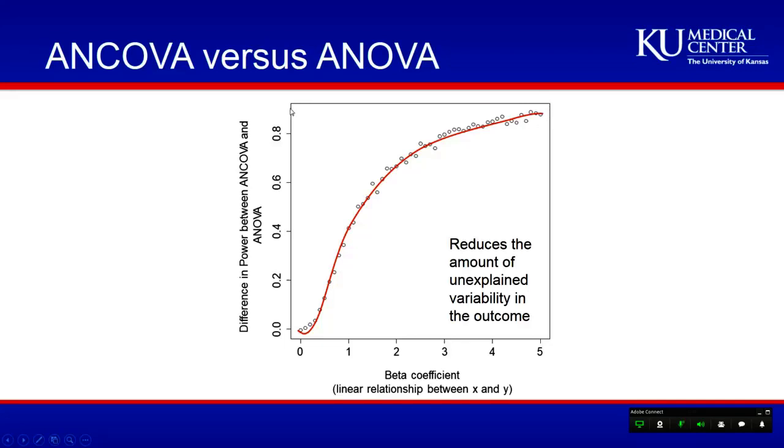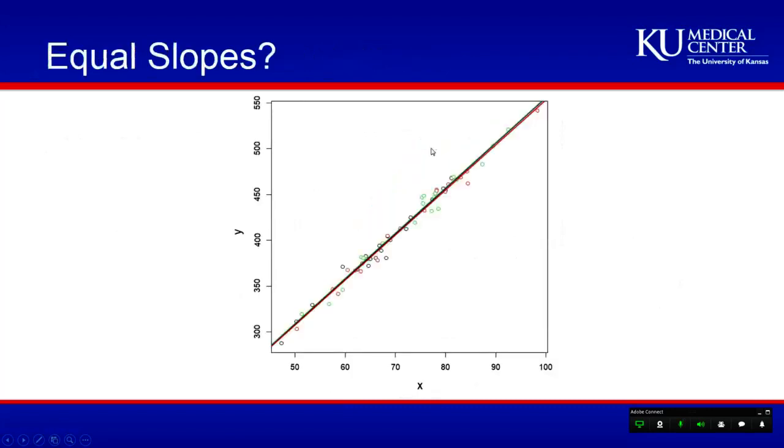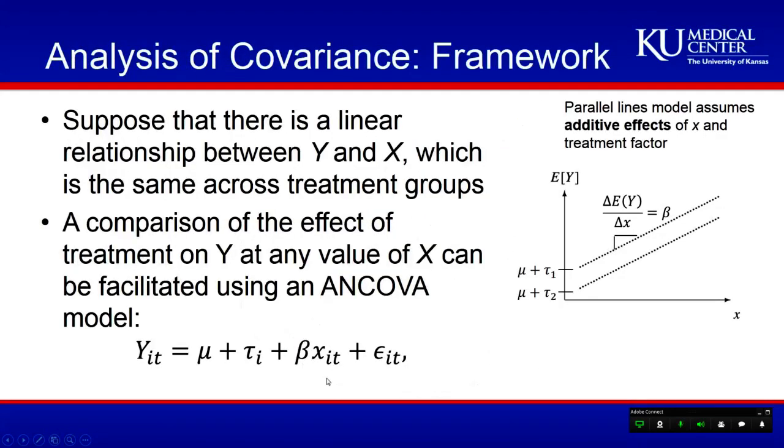So the power is actually 90% higher, right? So we want to apply analysis of covariance instead of ANOVA when we have evidence that some factor is linearly associated with the outcome, and we can account for it in this model. The evidence visually of the treatment effect has to do with the separation of these lines. So the bigger the separation, the bigger the difference in responses in the two groups.